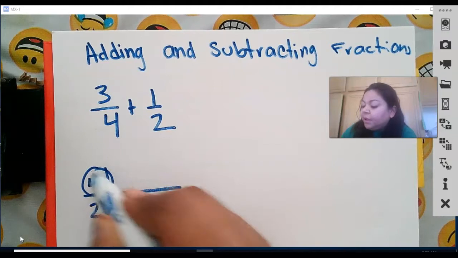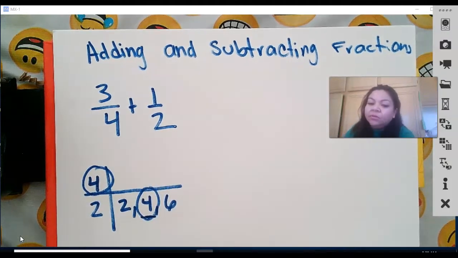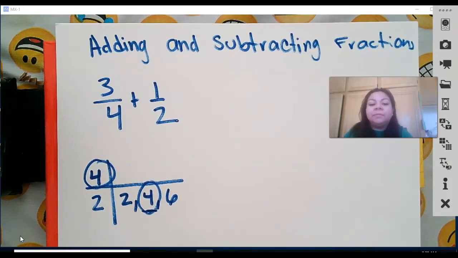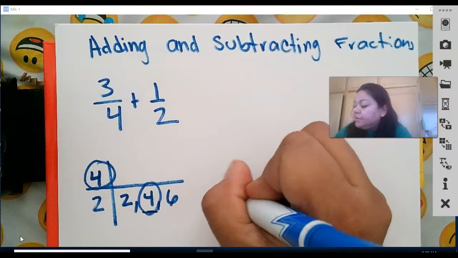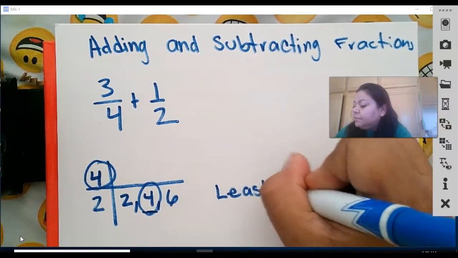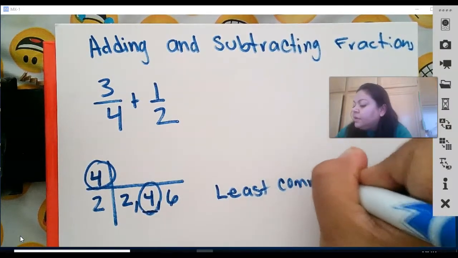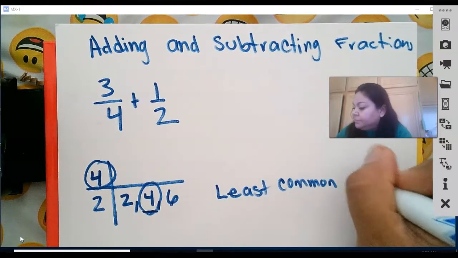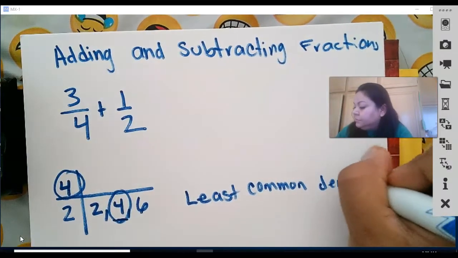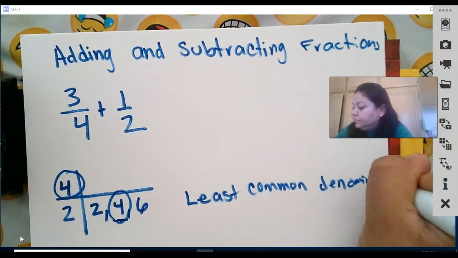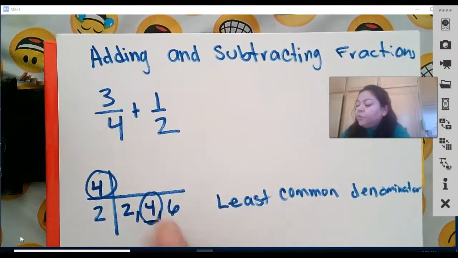So this is my common denominator. And not only do I want a common denominator, I want the least common denominator. What does that mean? It means that I want the smallest number in common. In this case, 4.